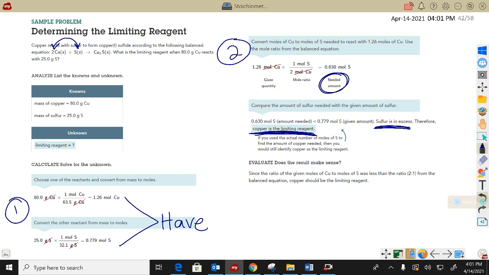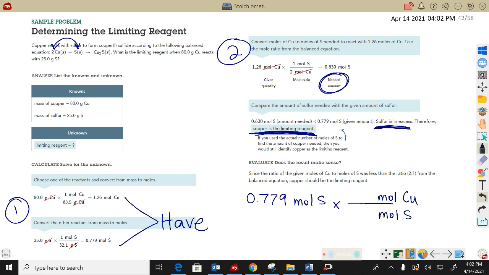Now you could do this in either direction. When you get to step 2, you pick moles of either reactant. It doesn't matter which you start with. For example, let's say I picked the 0.779 moles of sulfur. I would do a little mole-mole switch. We cancel moles of what we have and switch to moles of what we want, which is just the other reactant.